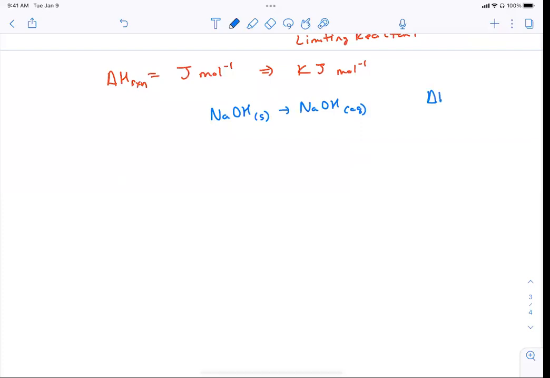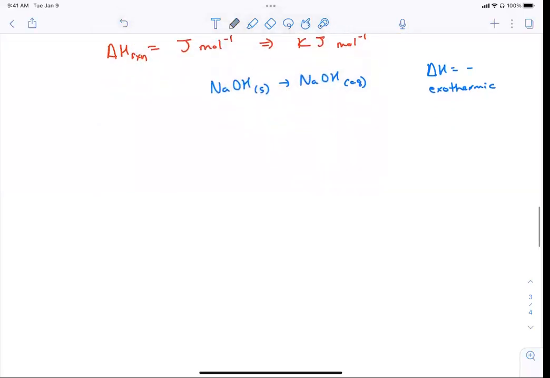So delta H is negative. If delta H is negative, what does that tell you? It's exothermic, right? It's releasing heat, so the reaction is exothermic.